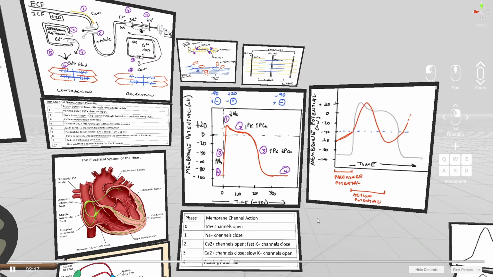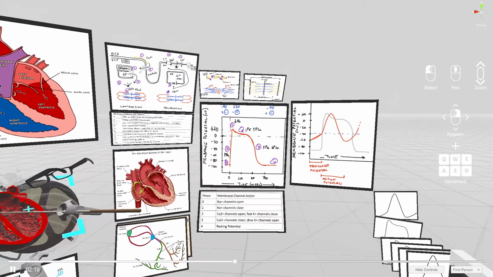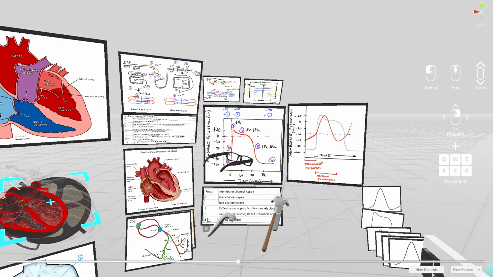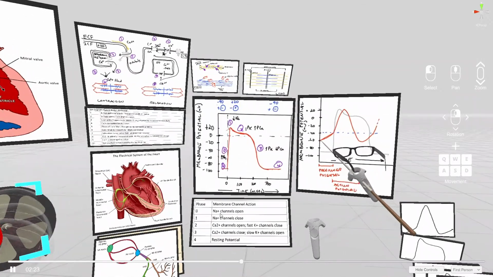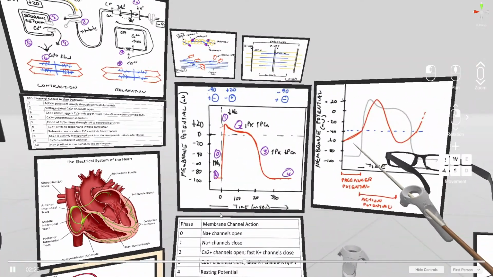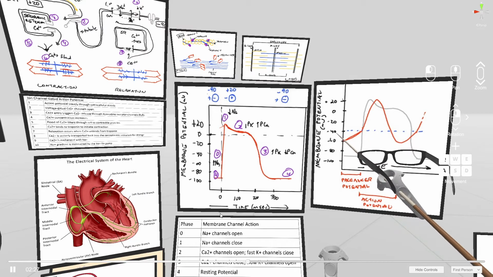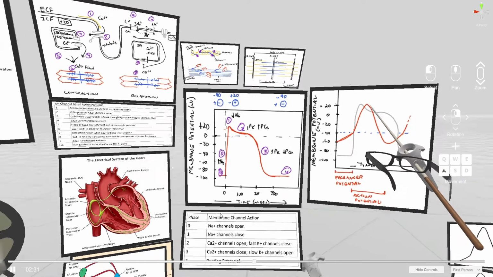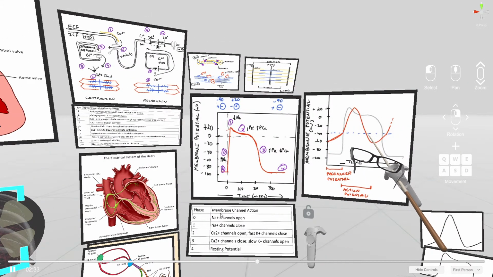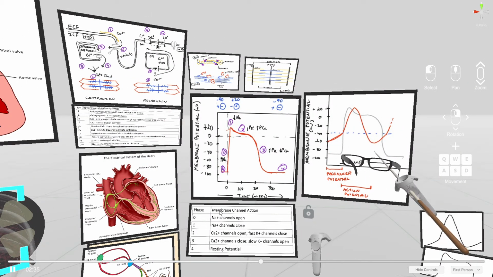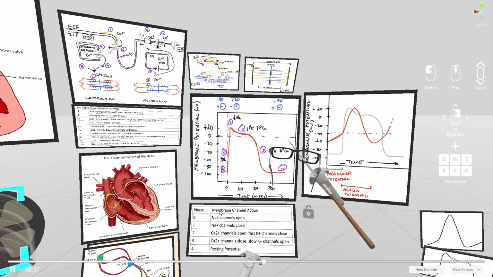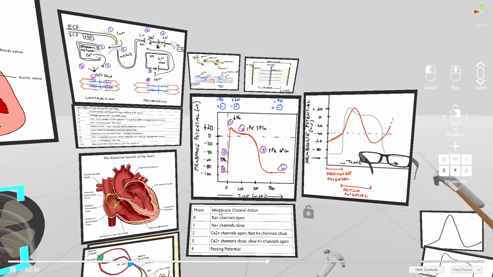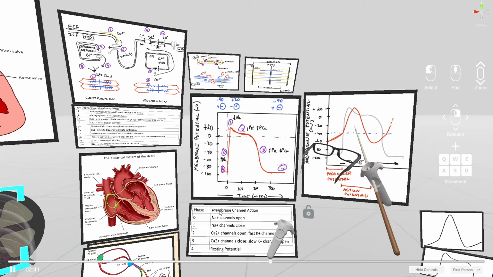Sinus node is up here, AV node is here. They're constantly leaking, which means there's this intrinsic rate that whenever it hits about -40, that's when everything opens and you just can't stop it, and you get an action potential. And then it comes back down, but because of that leakiness and the different channel types, you get this repeating element. And this is your heart rate.